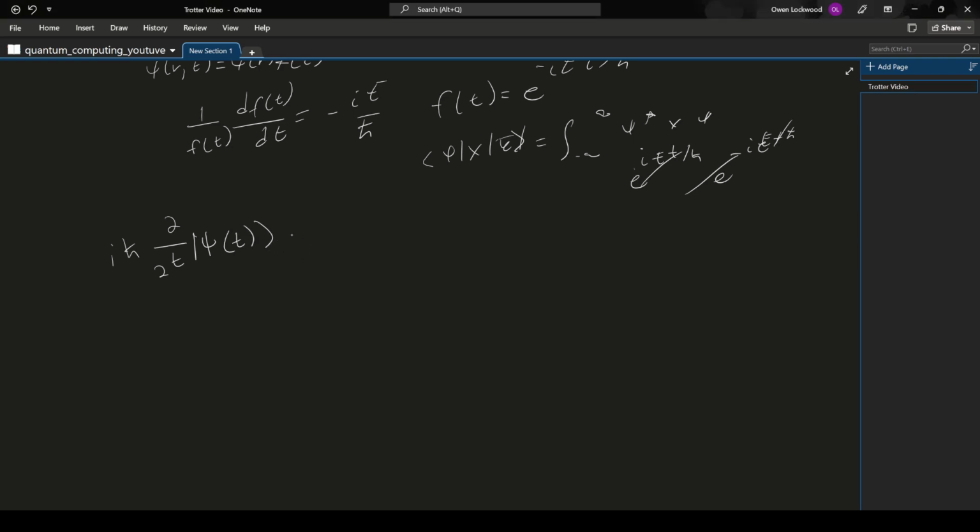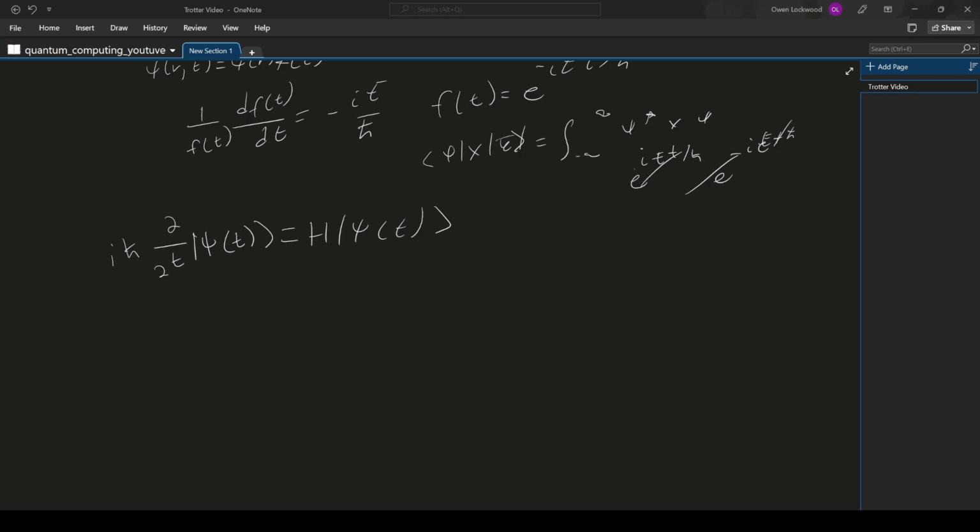And then over here, we have the same position, kinetic and potential energy operator, which we're just going to write as our Hamiltonian. So this is the same form as above, just in a different format.